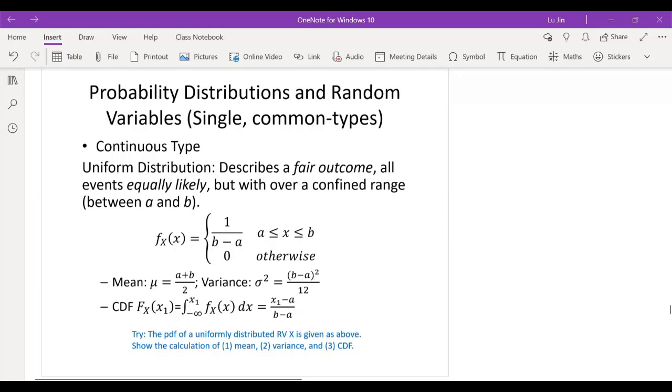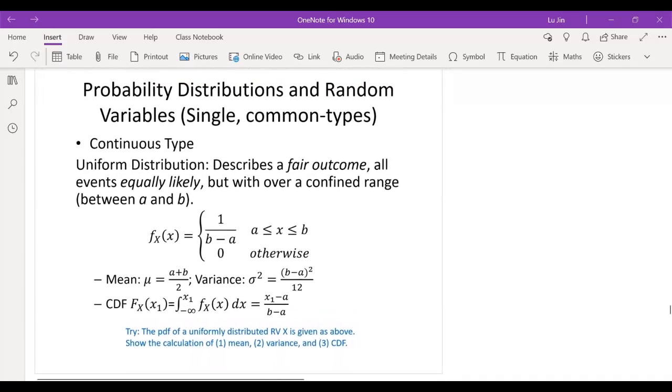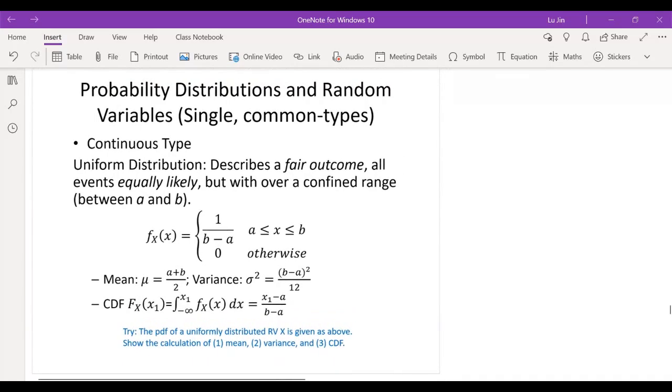The first distribution we are going to introduce is the uniformly distributed random variable. This is also a random variable, but its pattern is very special. So for this particular pattern, we call it a uniformly distributed random variable.